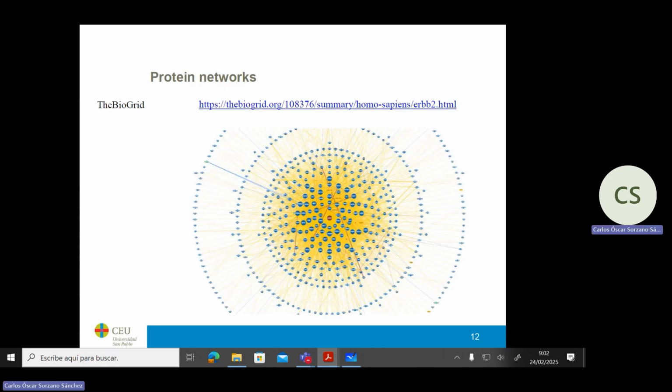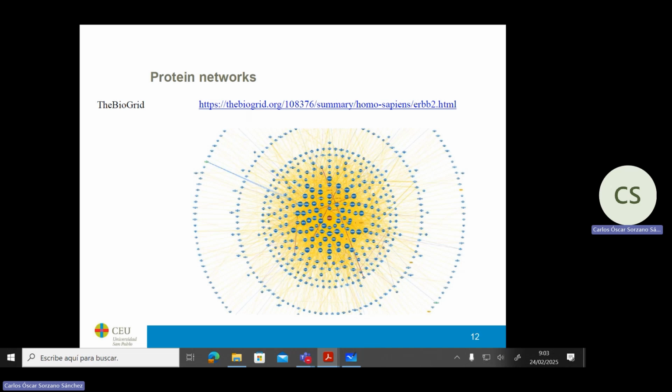And here you have a database of networks of proteins. And again, it is very interesting if you enter into the database and explore a bit, especially for your project this year. This year the question is, if I have a disease, which are the proteins involved in that disease? That could be targets of some drugs. And these networks help you to identify which possible proteins, how proteins relate to each other.